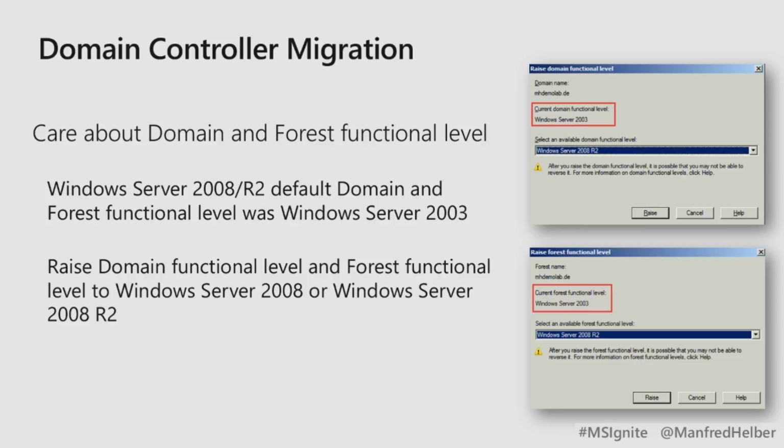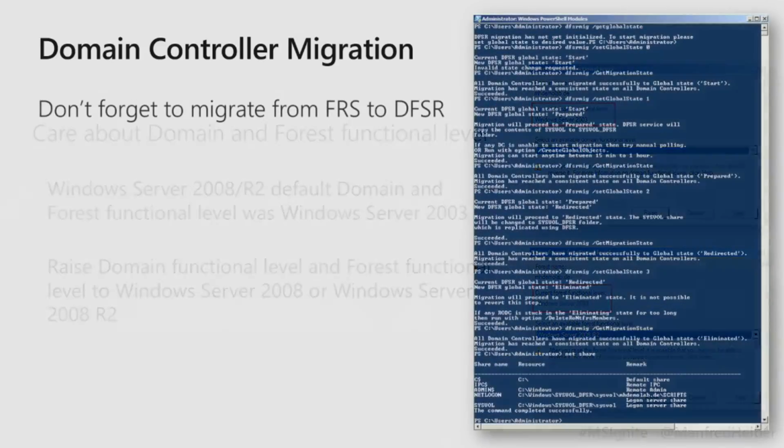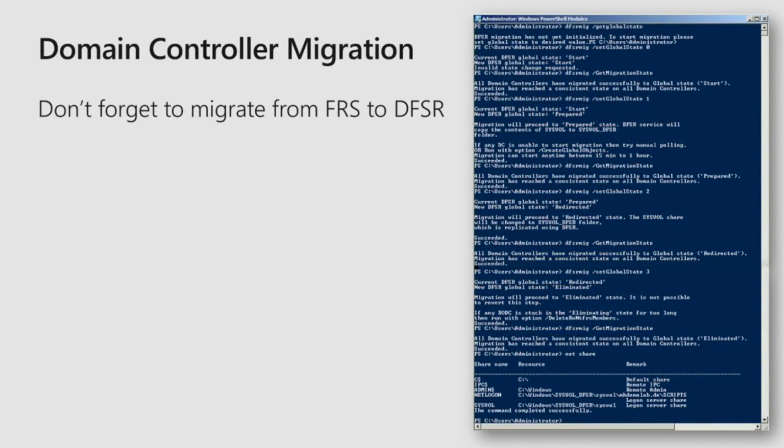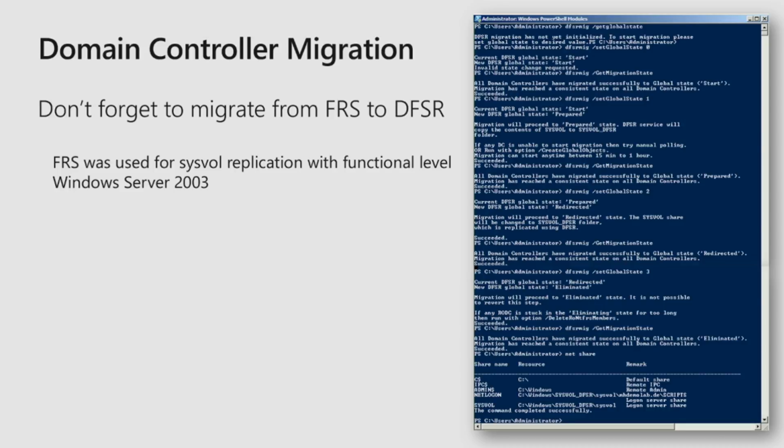With Windows Server 2003 domain functional level, we had the situation that for SYSVOL replication, the File Replication Service was used. Since Windows Server 2008, we already could migrate to DFSR, the Distributed File System Replication, but this doesn't happen automatically. So if you started with 2003 or with 2008 or 2008 R2, you have to do this migration manually.